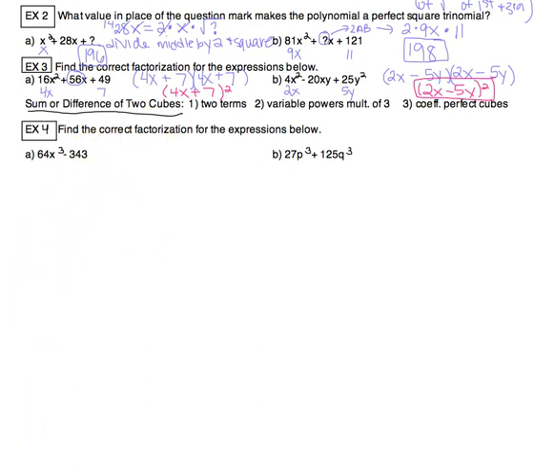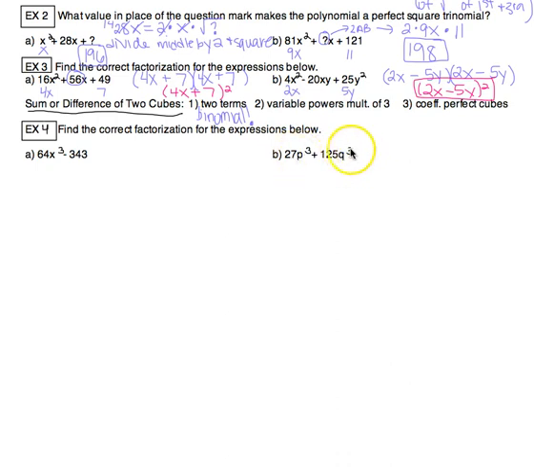So in order to be a sum or difference, notice that it can be either, so a plus or a minus is not important. It has to be two terms, so that means it's a binomial. All of the variable powers have to be multiples of 3.